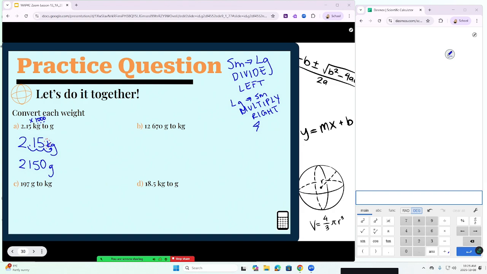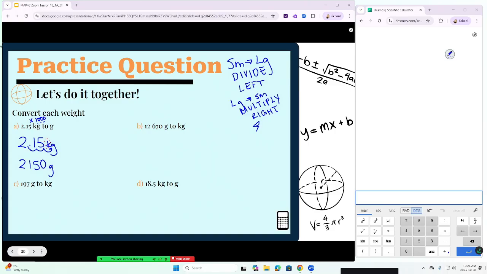So let's do C. Let's go down for time's sake. Actually, let's do the one beside it because then I don't have to squish my writing. Here we have 12,670 grams that we want to convert to kilograms.